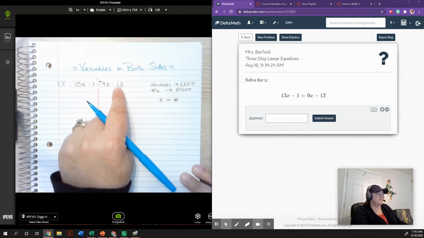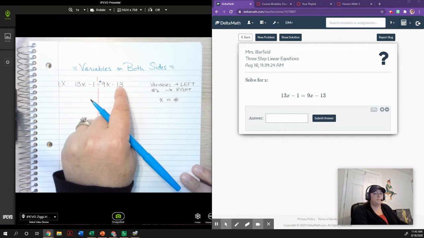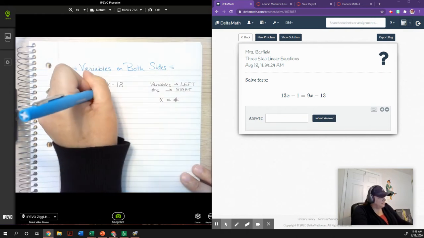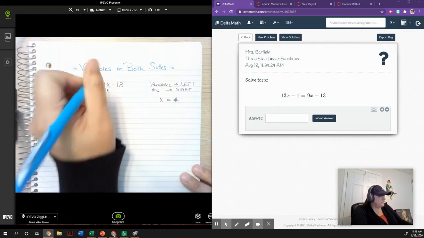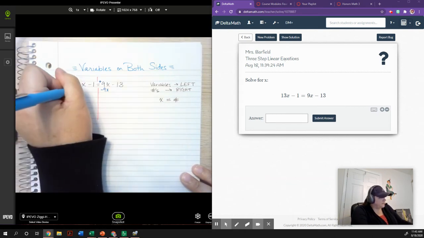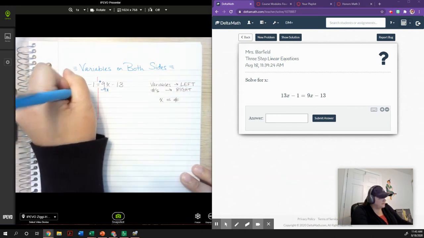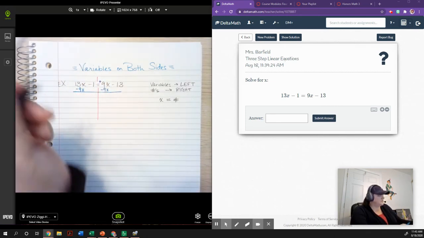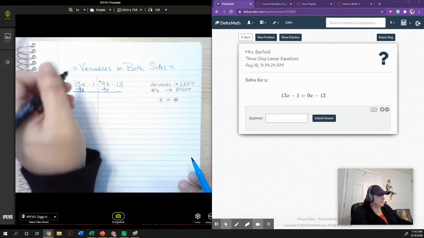Not this minus sign here, that is going with the 13. That makes 13 negative. So the opposite of plus is minus. So I'm going to minus 9x. I'm going to write it underneath its like term, which is the 13x.